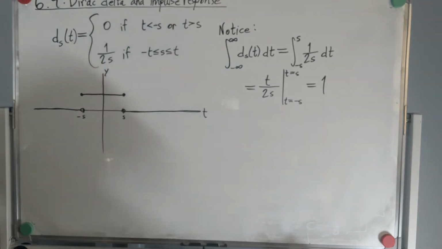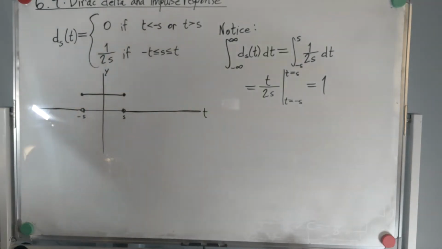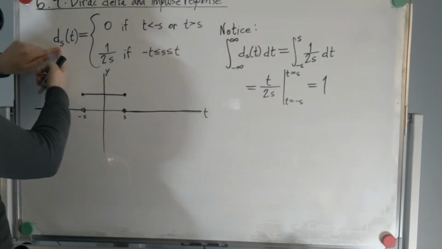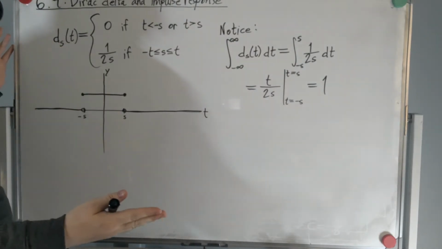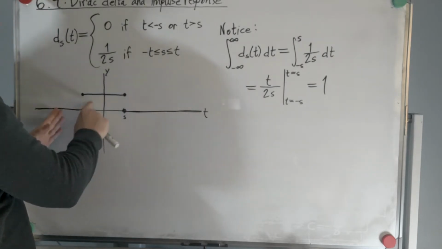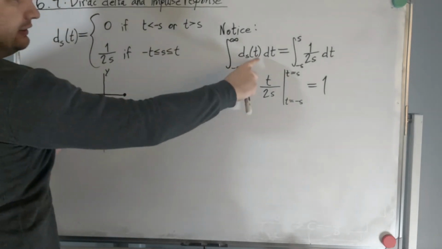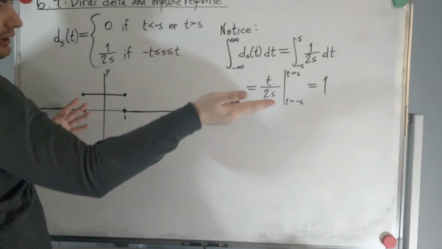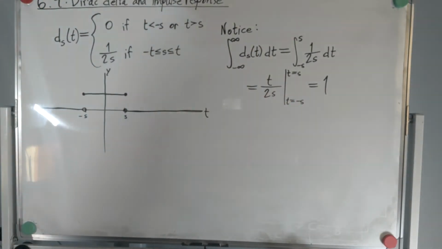So, for every value of s, where s is a constant again, you get one of these square waves, and the integral from negative infinity to positive infinity is 1.